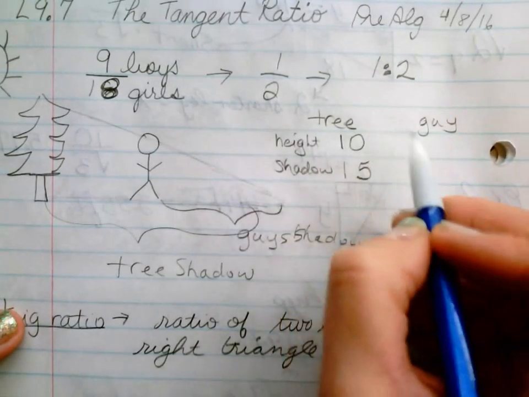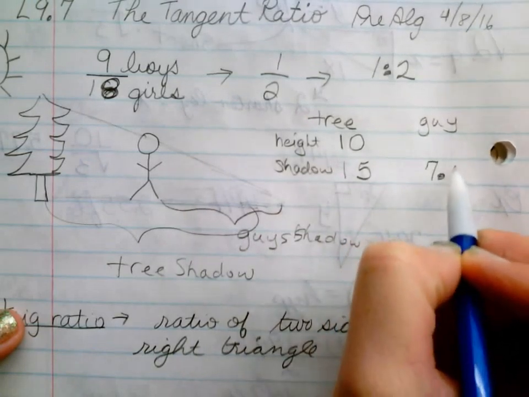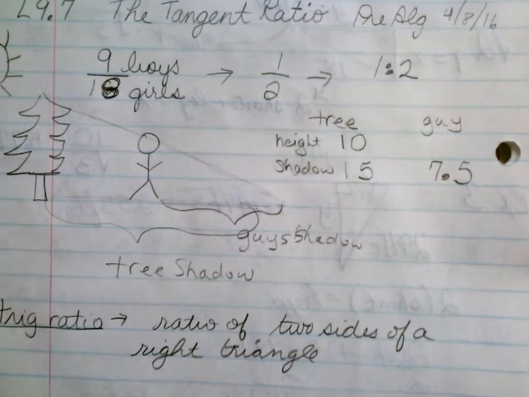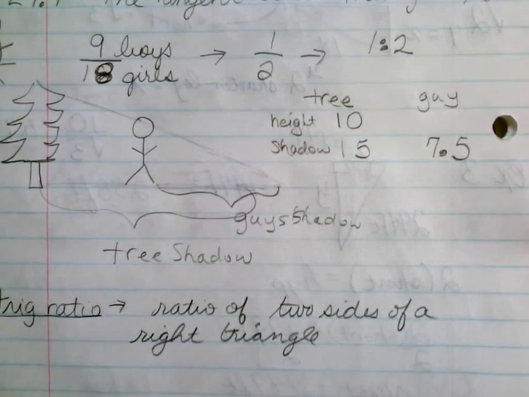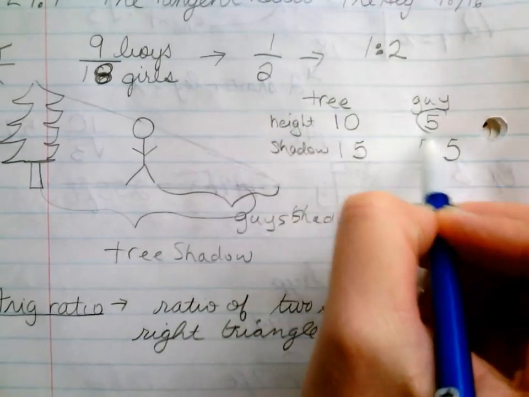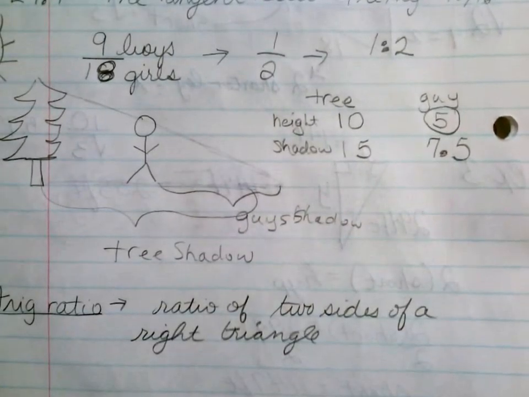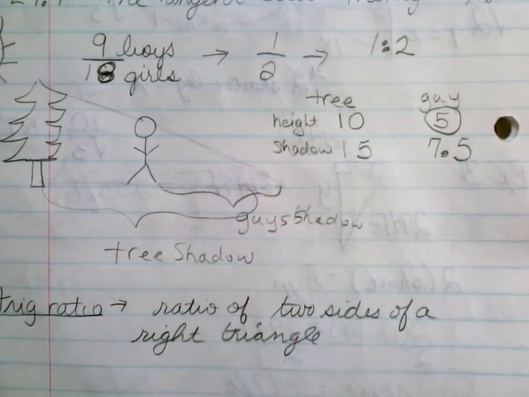And if I say the guy's shadow is 7.5 feet, how tall is he? Now, most of you can probably already see what I did there. I simply cut the shadow in half, which gave me the guy. He's a little dude. But this is what we're doing today, only using some other information.